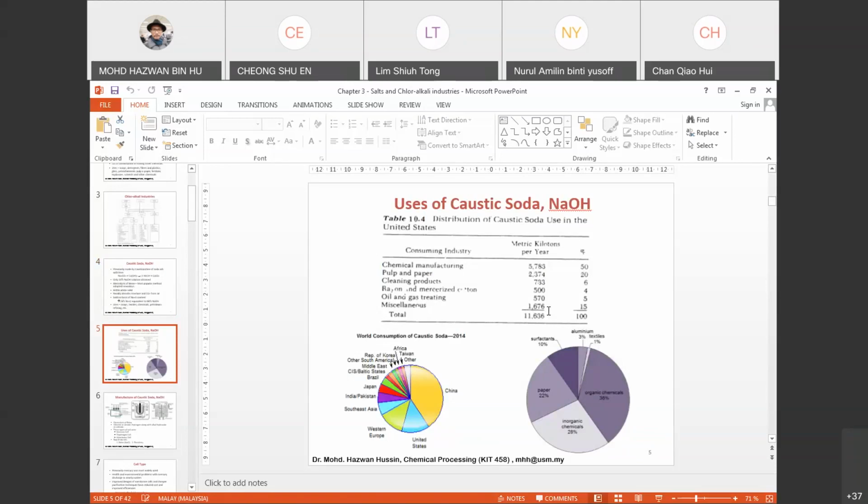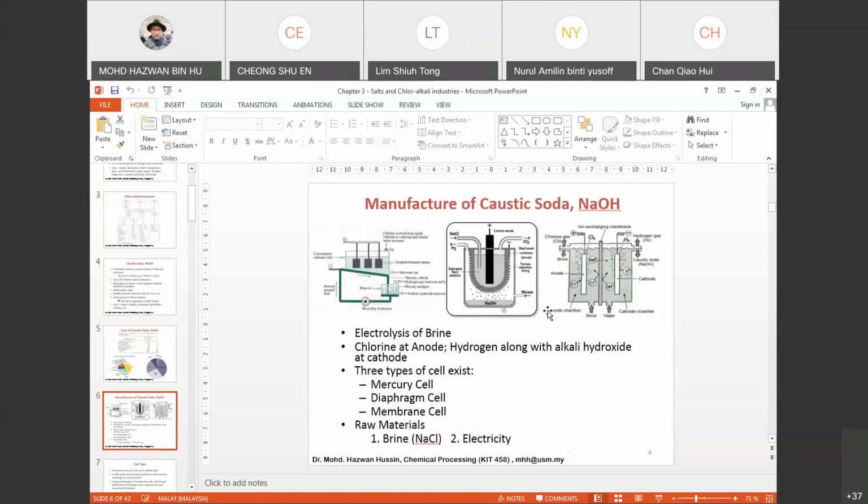Okay, right. So I believe the manufacturing of caustic soda will be continued in the next lecture. And for your information, tomorrow we are not going to have a lecture. We were supposed to have a lecture tomorrow, but we already replaced it with a class yesterday.